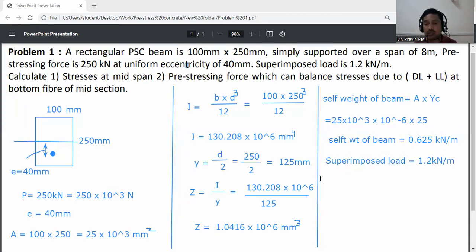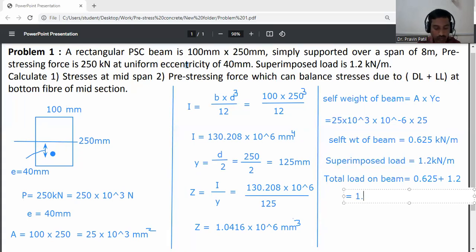Then the total load on the beam is equal to the self weight, 0.625, plus 1.2. So the total load on the beam will be 1.825 kilonewton per meter.